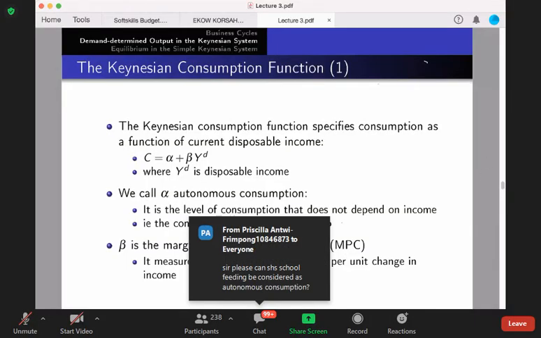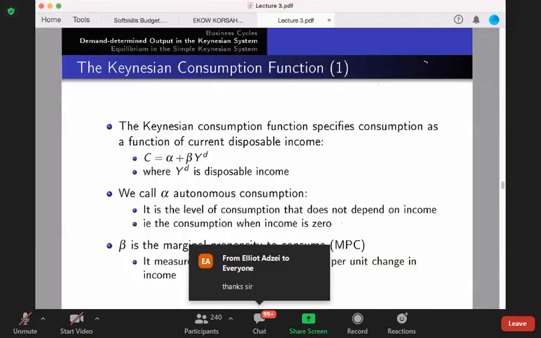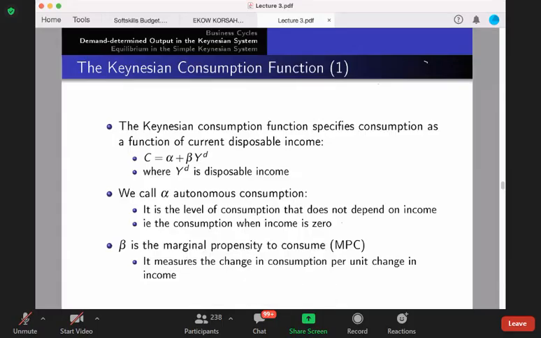All right. Let me get somebody who has not spoken before. Rebecca and Florence. Florence? So please, the autonomous, it means whether your income increases or not, you can still buy. No, what it means is that you don't have any disposable income, yet you are consuming something.